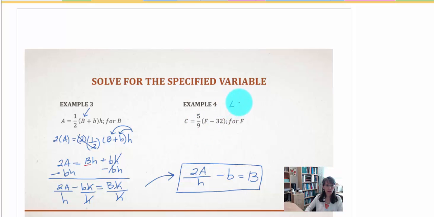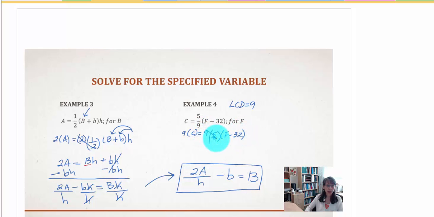So if the lowest common denominator is equal to 9, we're going to multiply both sides of the equation by 9. So 9 times C would equal 9 times this fraction, 5/9, multiplied by the quantity F minus 32.